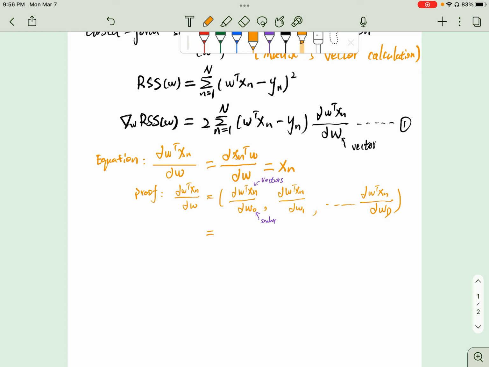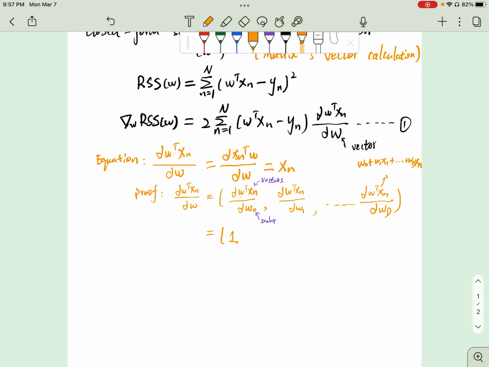So when these two vectors are multiplied together, and you take a partial derivative over omega 0, you will get 1, because this one will give you omega 0 plus omega 1 x1 plus omega d xd, right?